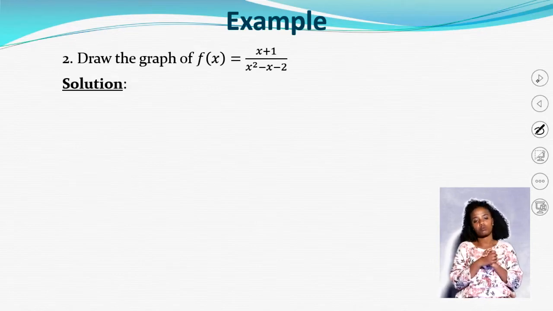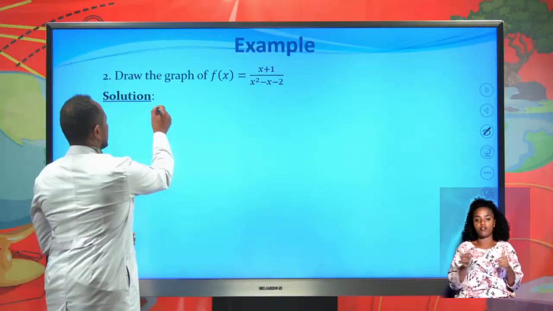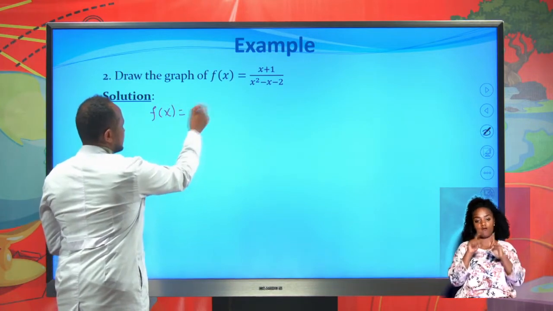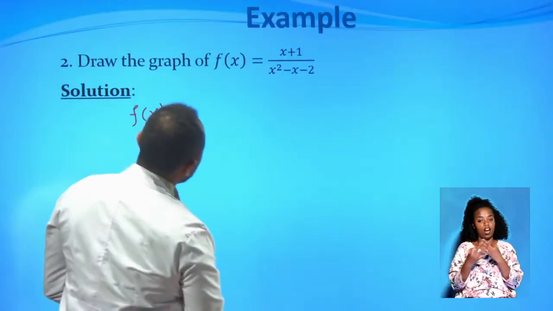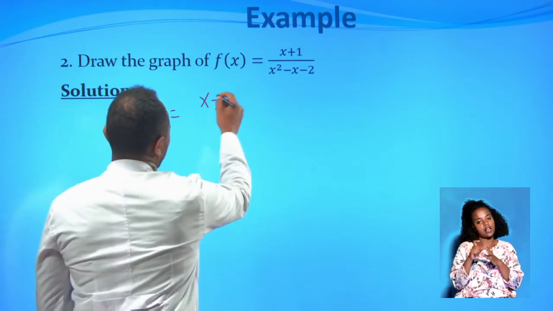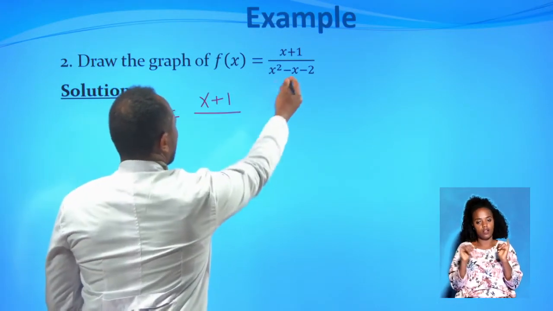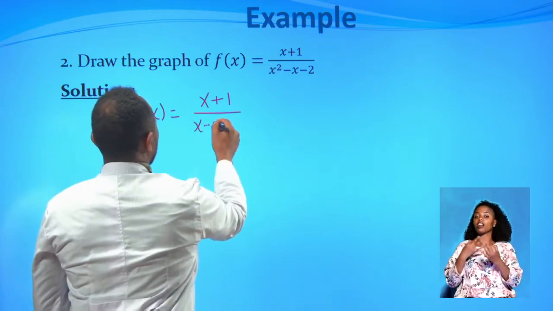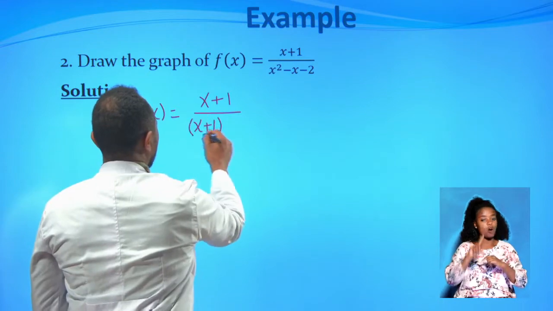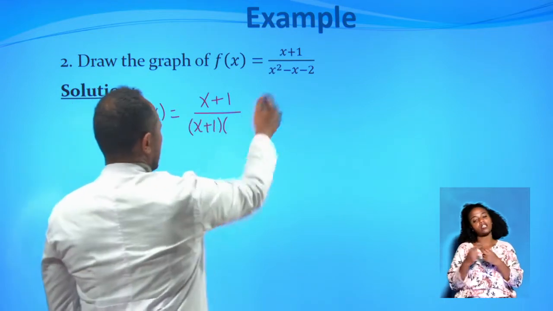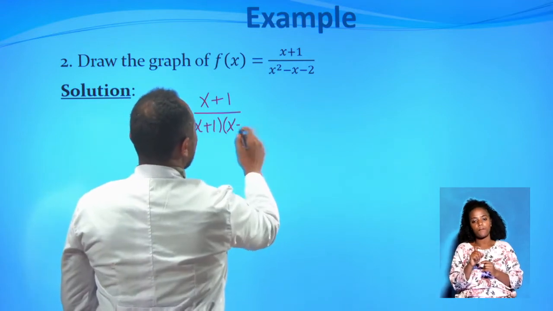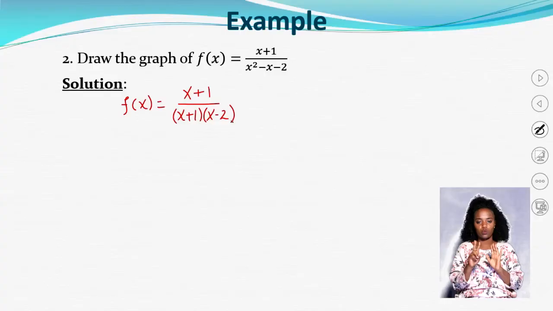To draw the graph, first, let's factorize f of x and simplify. f of x equals x plus 1 over, factorizing the denominator, x plus 1 times x minus 2.